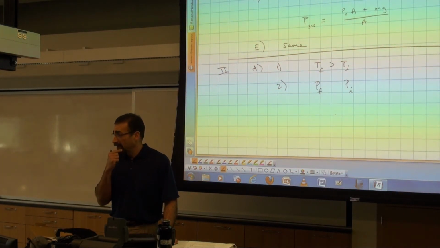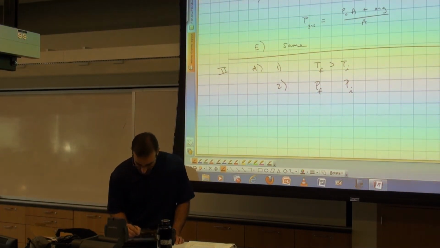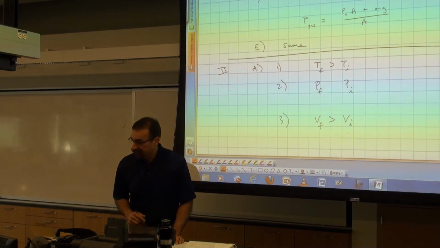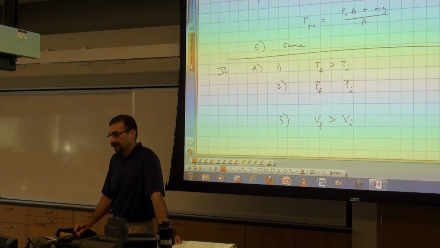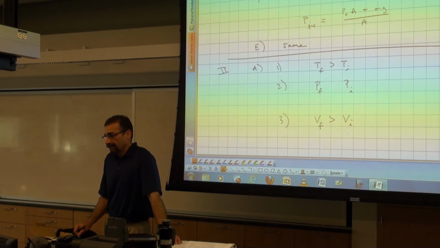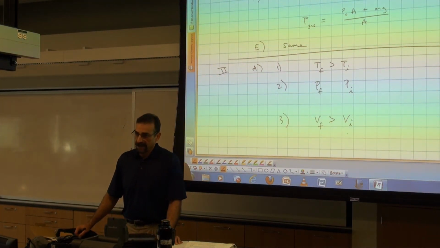Piston's going to move up. Do we agree with that? So we can answer number 3. And eventually it's going to stop moving up, and it's going to be in equilibrium.